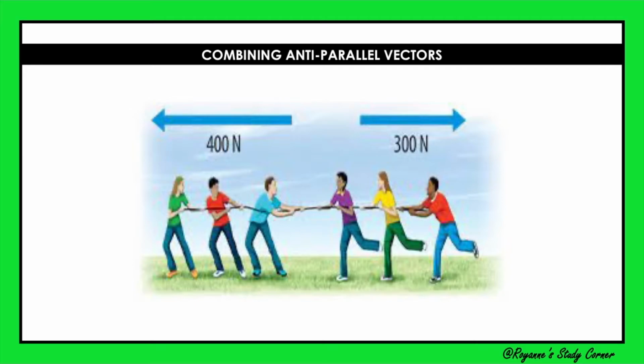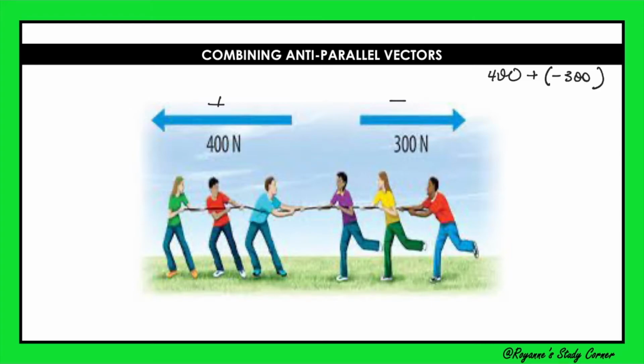If I put the opposite one as negative, I would now have 400 newtons, since that's the one I put as positive, and I put the opposite direction as negative. And we always add all of the forces. So we're adding, but we're putting this negative sign in front of the 300.